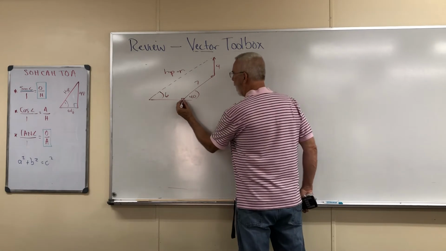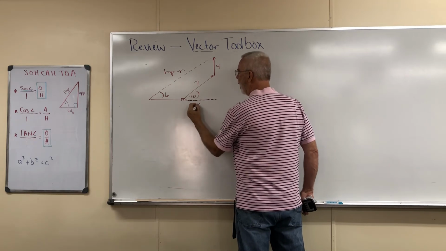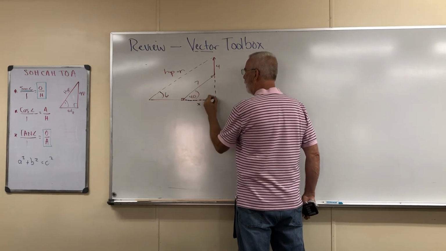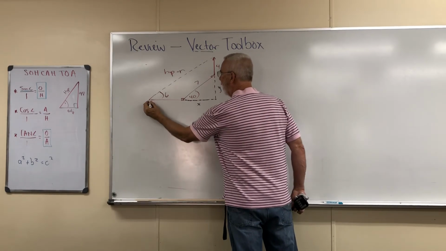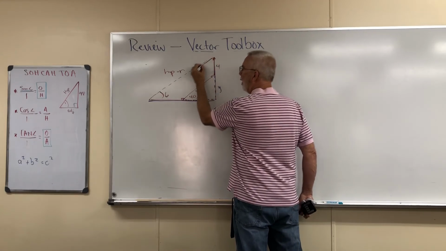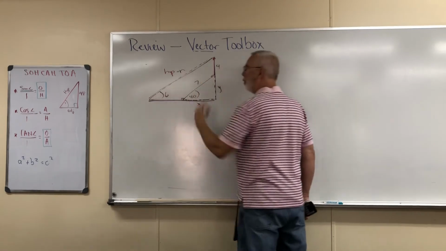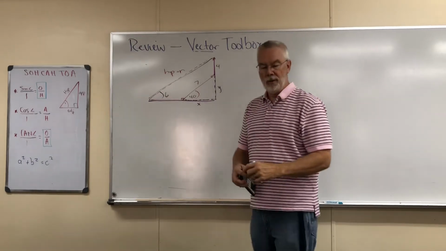And that's exactly what I meant. If you come over here like this, you get X. And if you come down like this, you get Y. And now you can see the big triangle that creates that hypotenuse that we're looking for. But we got to solve for this smaller triangle first.